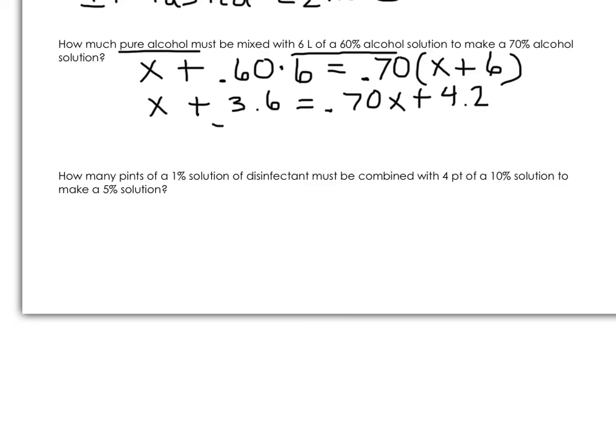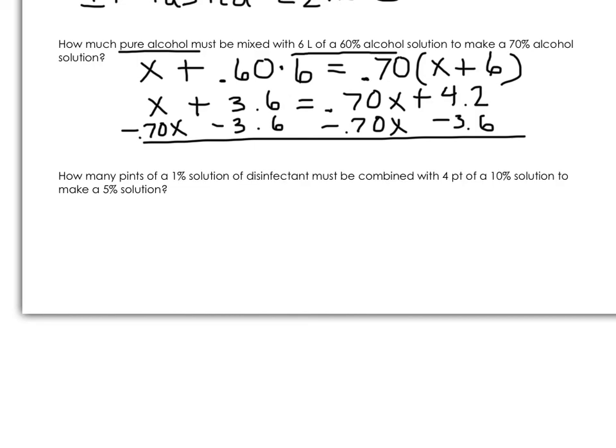Let's subtract 3.6 from both sides. And while we're at it, why not go ahead and subtract 0.70x from both sides? That will give us 0.30x equals 0.6.